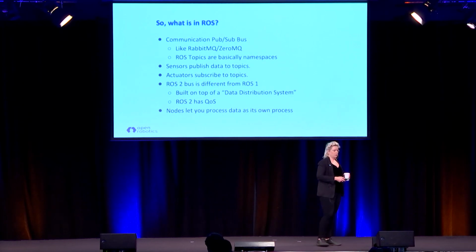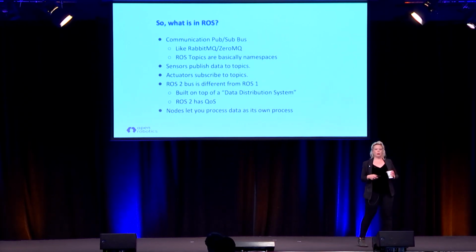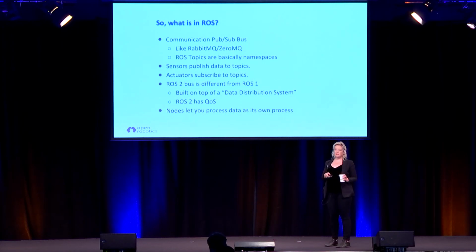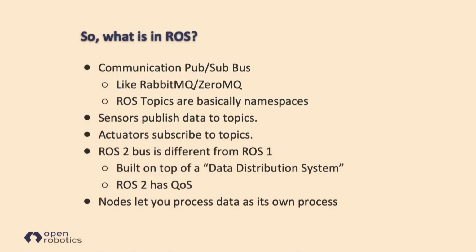So what is ROS, and how does ROS help you put robots together from these primitives of sensors, actuators, and control? At the heart of it, and probably the biggest and most important piece of ROS, is a pub/sub bus. If you've used something like RabbitMQ or ZeroMQ or another message passing strategy, you'll find ROS very, very familiar.